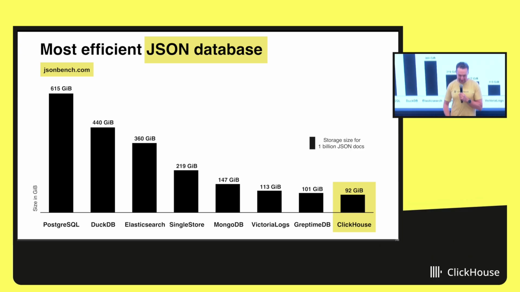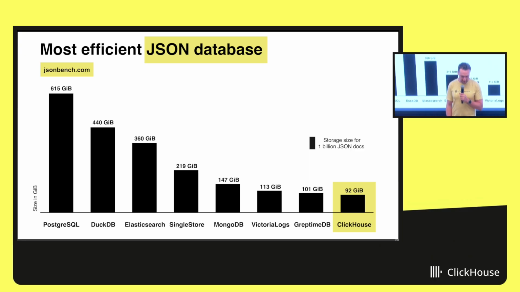And yes, if we compare to other databases, ClickHouse is the most storage efficient. Like Postgres took 600 gigabytes. It is 600 bytes per document on average. ClickHouse took 92 gigabytes or 92 bytes per document.